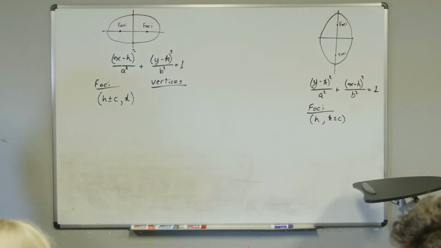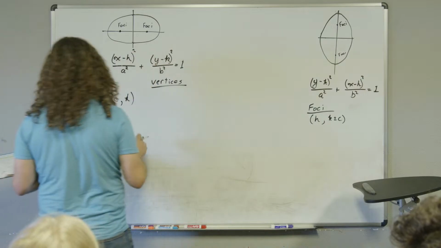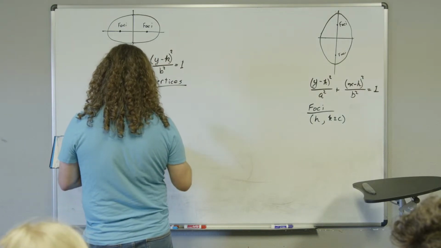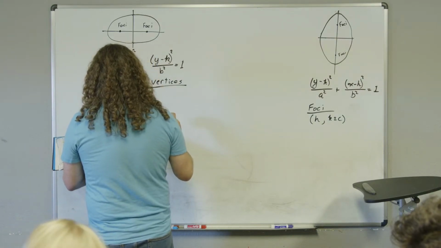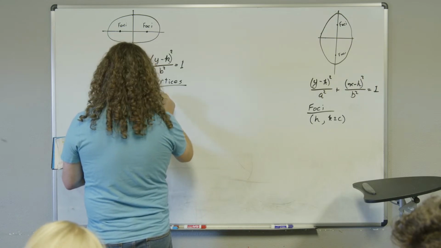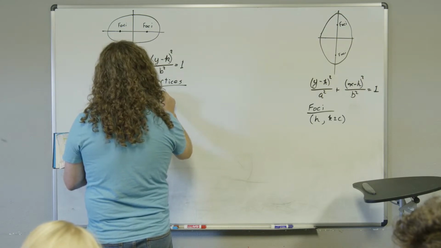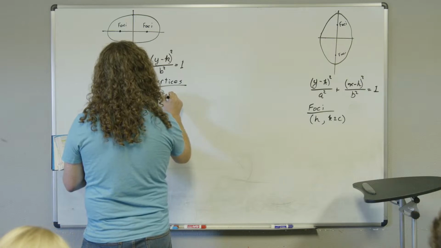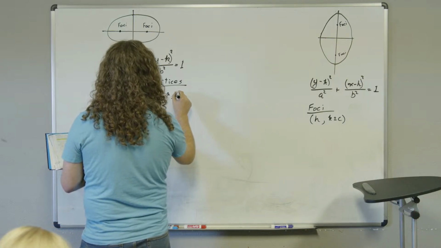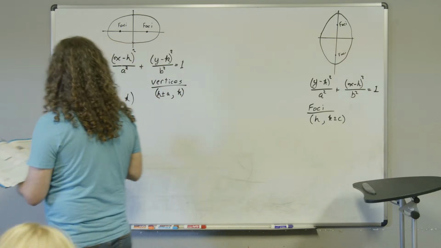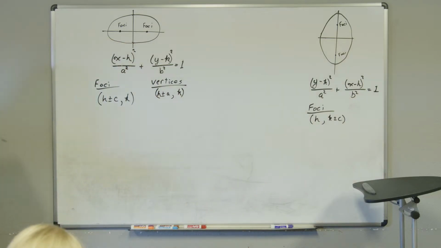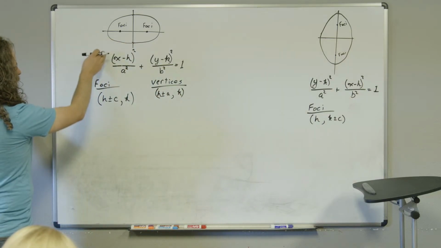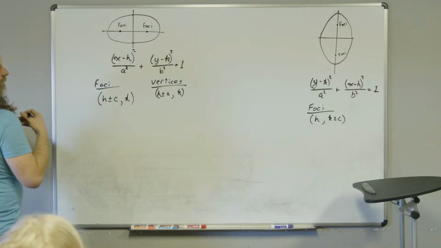The k is going to be constant because it's on the same line as the center. So it's going to be h plus or minus a and k, right? The h is the one that goes with the a. It's just the one under the x, right?